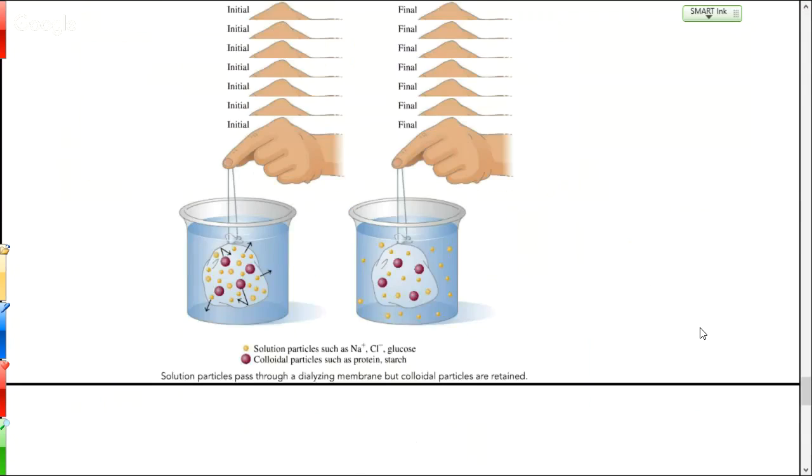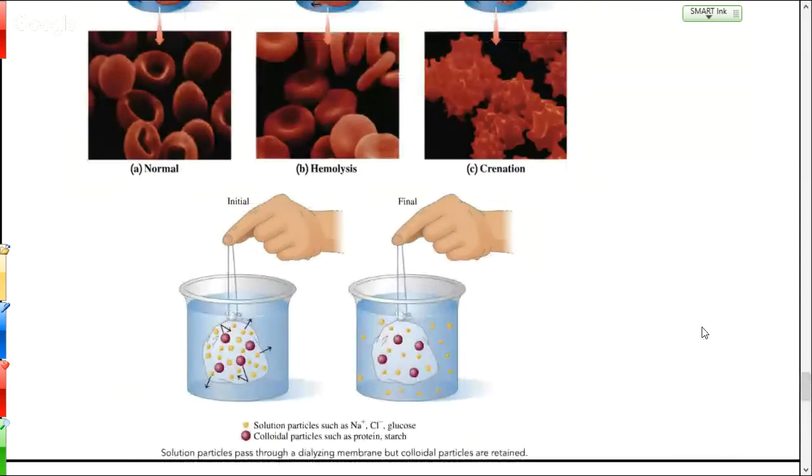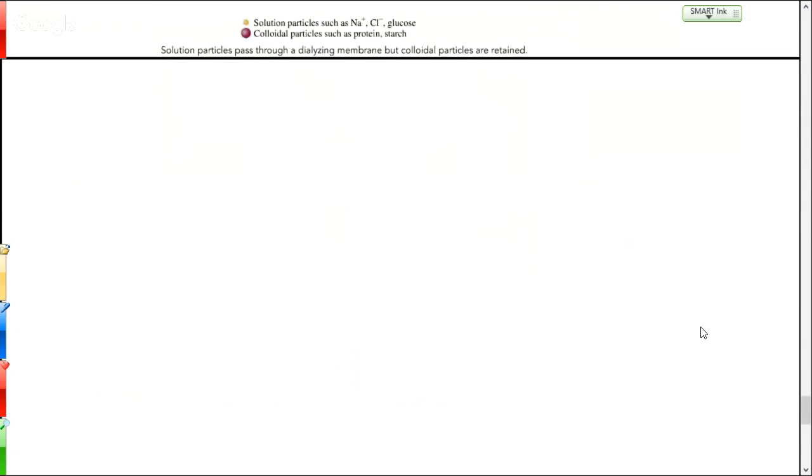All right, questions about those definitions? So one of the things we want to be able to do is to think about what direction things are going to go and how they're going to flow.